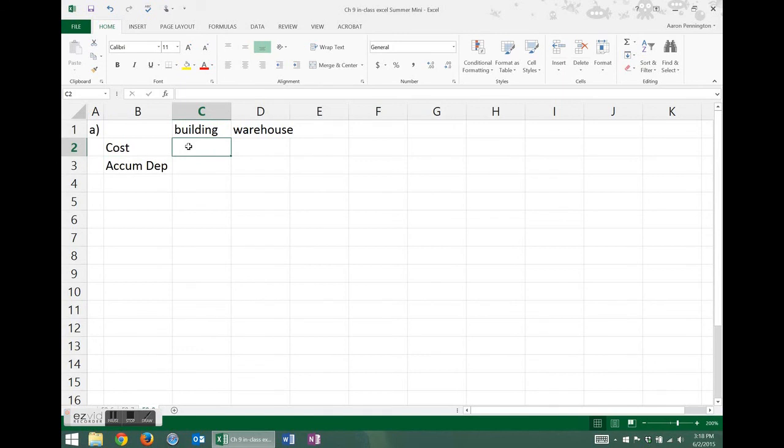And this is accumulated depreciation as of January 1st, 2016. Building cost $800,000.